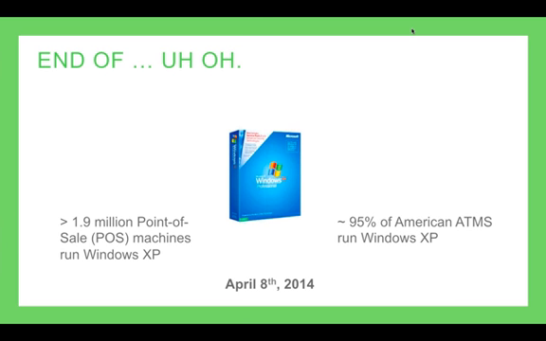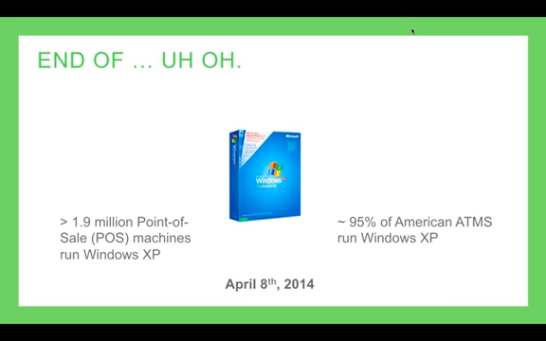And 95% of American ATMs are running Windows XP. That's huge. From a basic end-of-support perspective, it means there's no more Patch Tuesday for Windows XP, and no more opportunity to close those vulnerable systems as new vulnerabilities are identified.